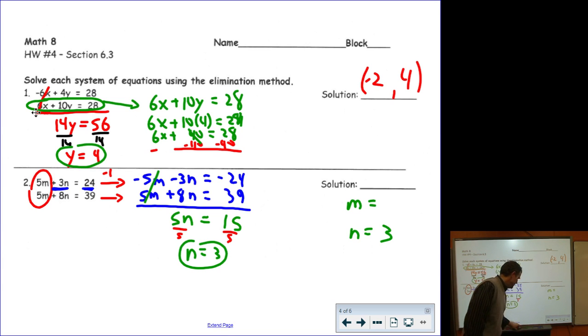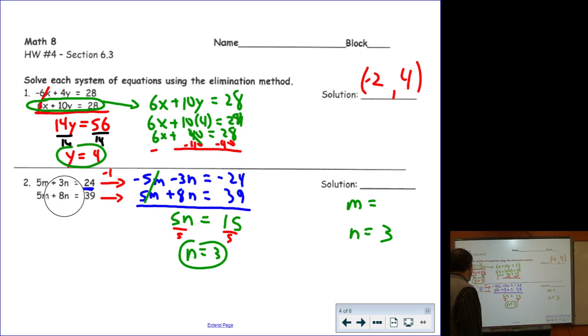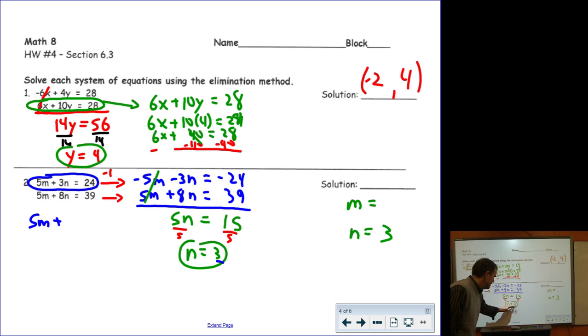I now am going to take my answer for n and put it into one of the equations. I'm going to go ahead and use this equation, and I'm going to put the 3 that I got for the answer in place of the n. So instead of 3 times n here, it's going to be 3 times 3 equals 24.